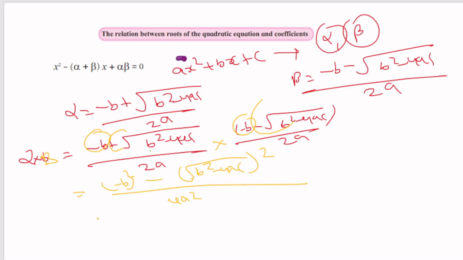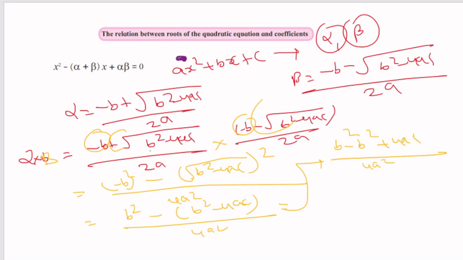Next, after removing the square, it will become b square minus, and here the square root will go, remaining like this, 4a square. Further, after solving, you can write b square, open the bracket, plus 4ac divided by 4a square. Now if you notice, b square will get cancelled. So remaining is 4ac divided by 4a square, right?